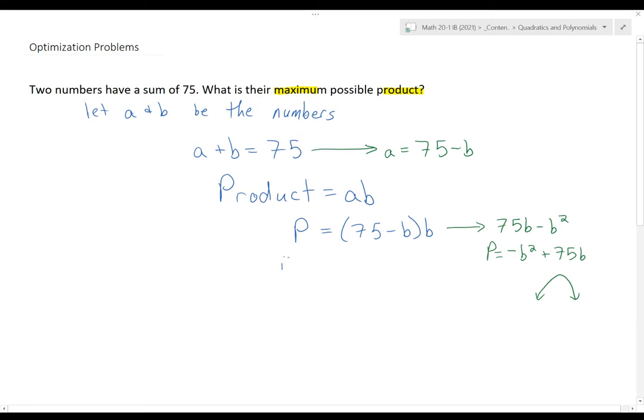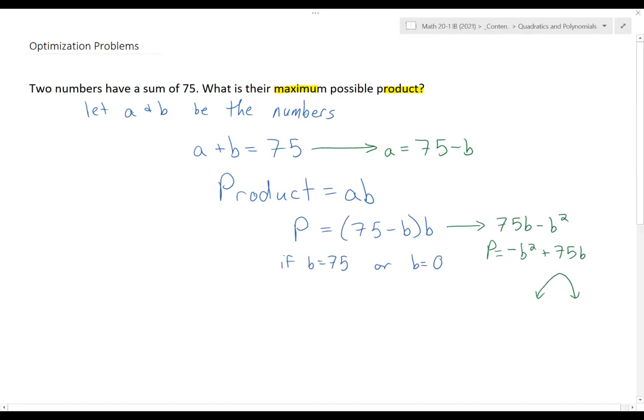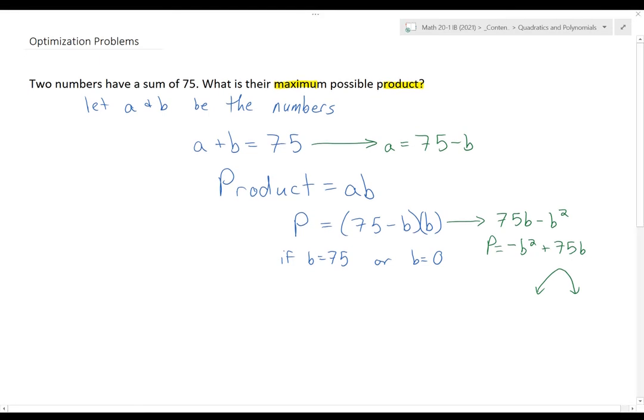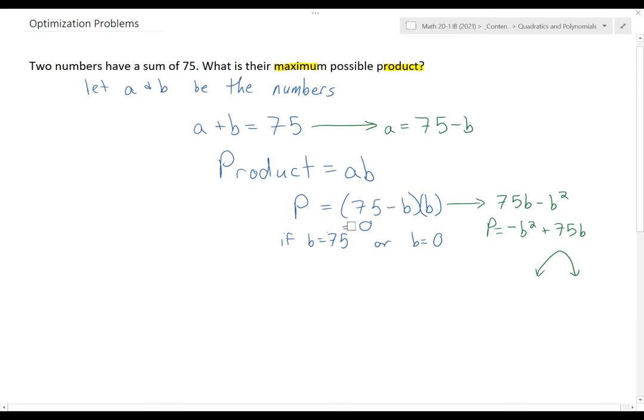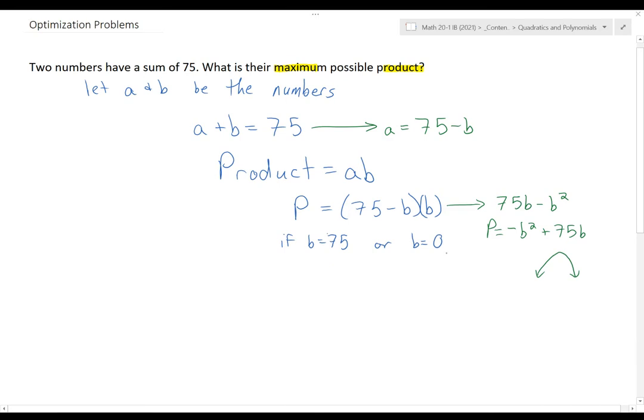So if B equals 75, or if B equals 0, so these are the two factors, then P will be 0.